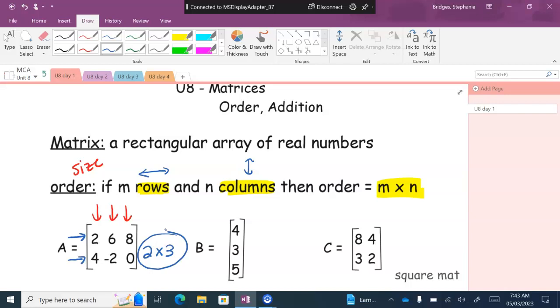Go ahead and write the order for B and write the order for C. Okay, rows by columns. Number of rows by the number of columns.